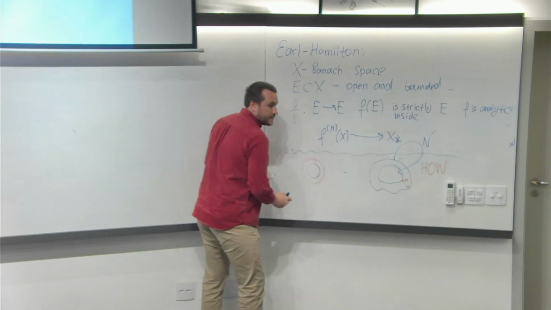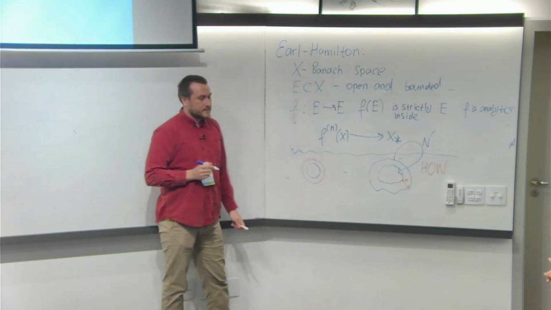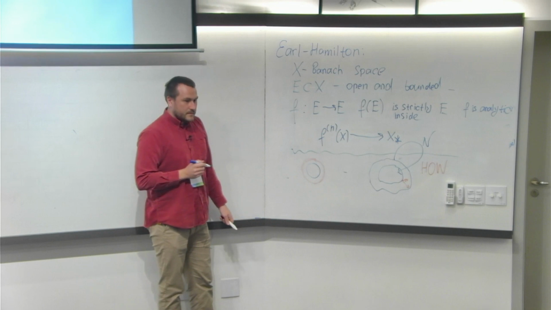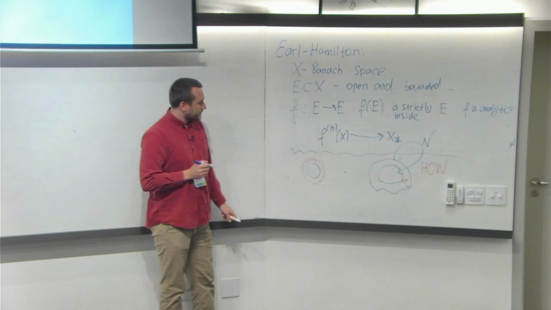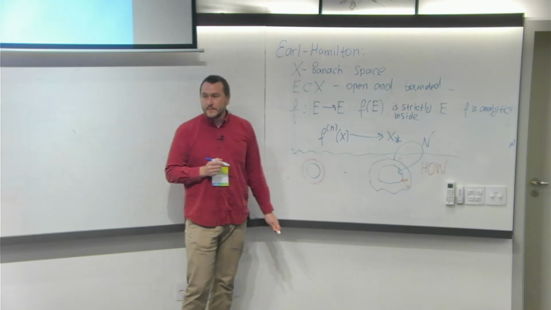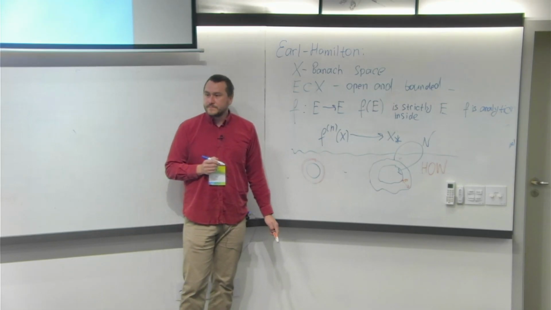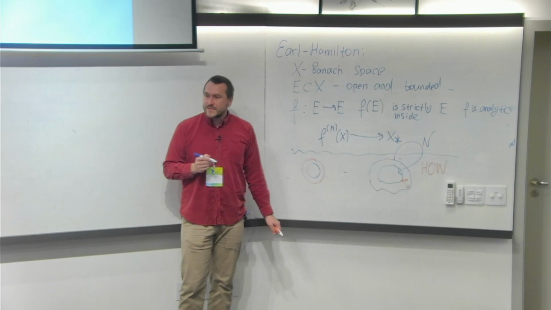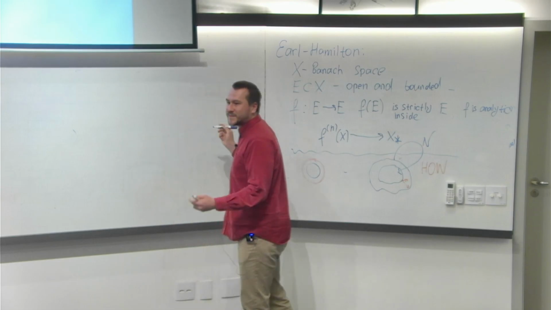But the open interior of the disk is mapped in the... Anyway, maybe I'm missing what strictly inside means. You mean that the closure needs to be inside? No, just the image should be strictly inside. But then a rotation of the disk... No, it doesn't work, because if you rotate the disk, it's not strictly inside. Let me write down what strictly inside means. Maybe it will help.